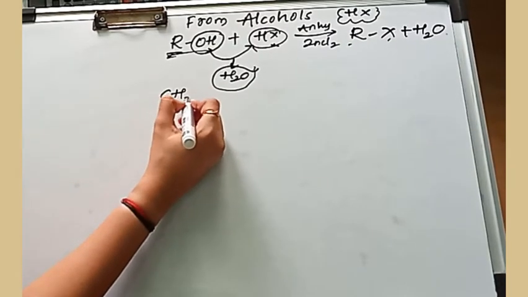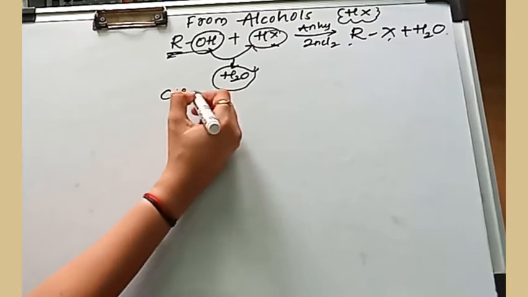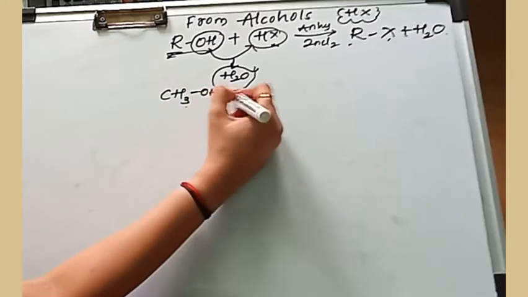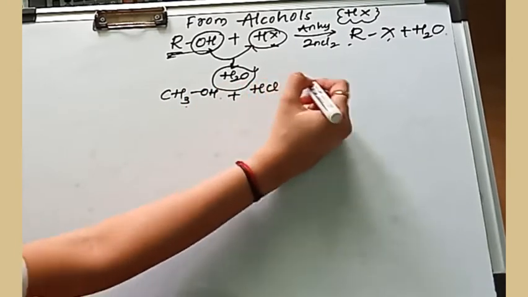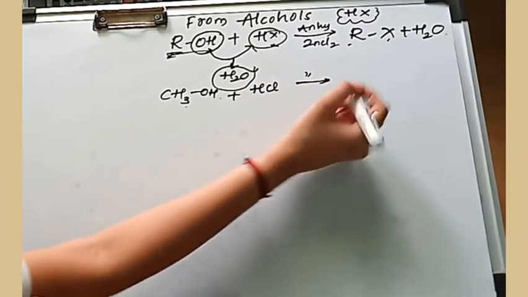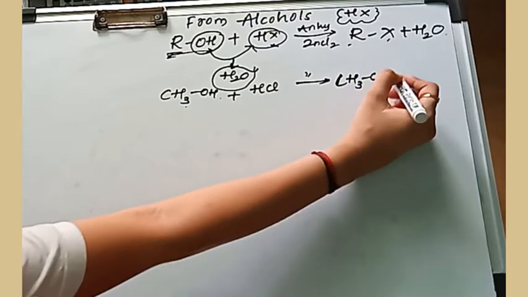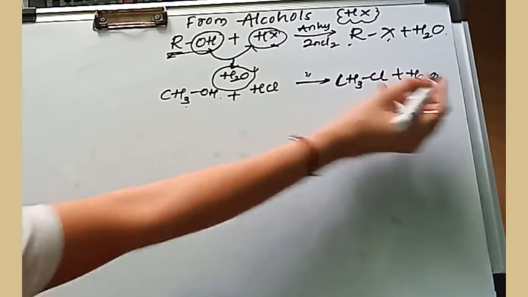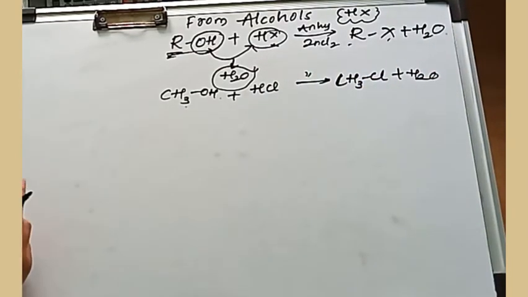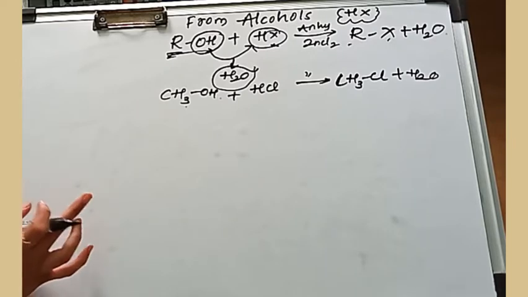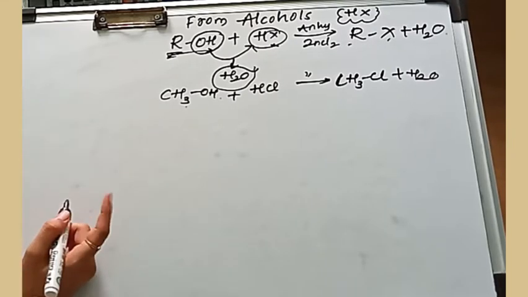If I consider the alkyl group, methyl alcohol, when it is reacting with HCl in presence of anhydrous zinc chloride, you are going to get CH3Cl plus H2O. Okay, so methanol is converted into methyl chloride. The IUPAC name of this will be chloromethane.